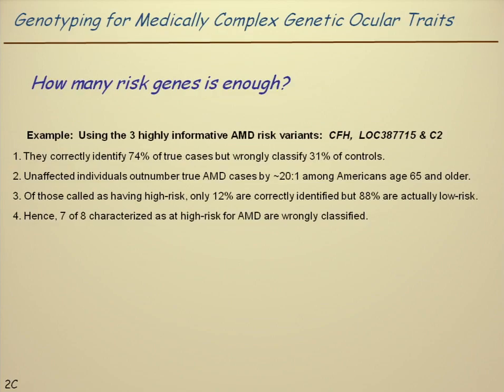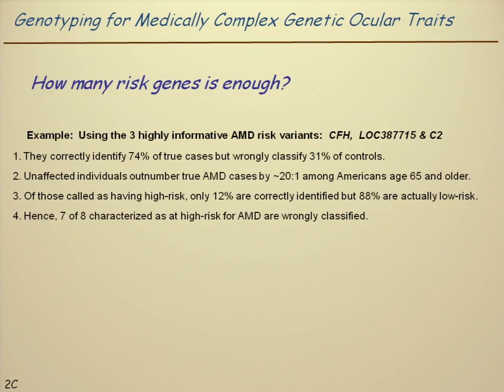Not bad. 2 to 1. Problem is, many, many more people are in this normal group who will not get AMD. So when you do the multiplication and misclassify a huge population 1/3 of the time, it turns out that in 7 of 8 people you say are at high risk, you were wrong.